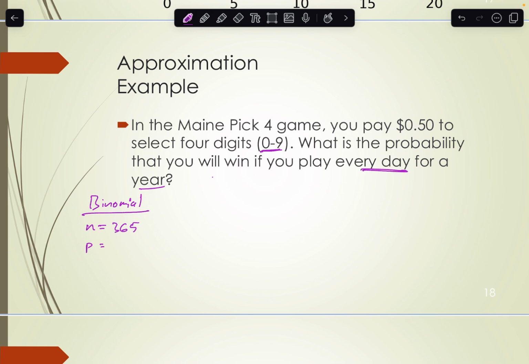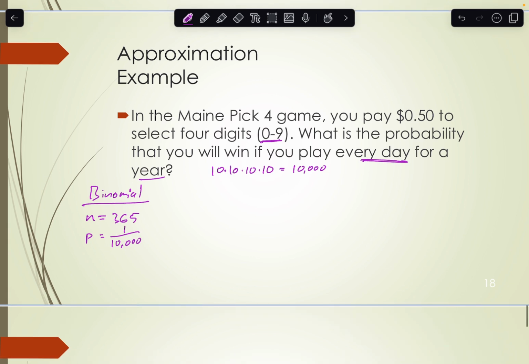So there are 10 choices for the first number, 10 for the second, 10 for the third, and 10 for the fourth. That gives me 10,000 different combinations, each equally likely to be drawn. At least that's the idea. So I've got a 1 in 10,000 chance of being successful.